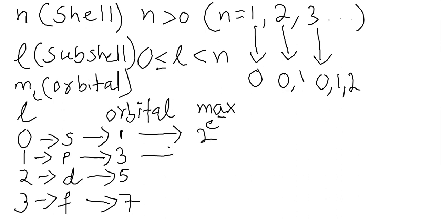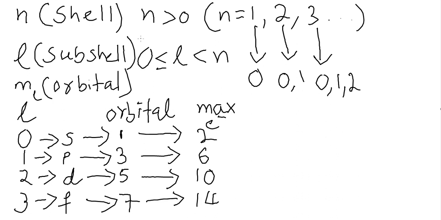But when we have 3 orbitals, each one having a max of 2 electrons, that means 3 of them allow 6 electrons. Similarly, 5 orbitals allows 10 electrons, and 7 orbitals allows 14 electrons. All right, so now let's recap what we learned.